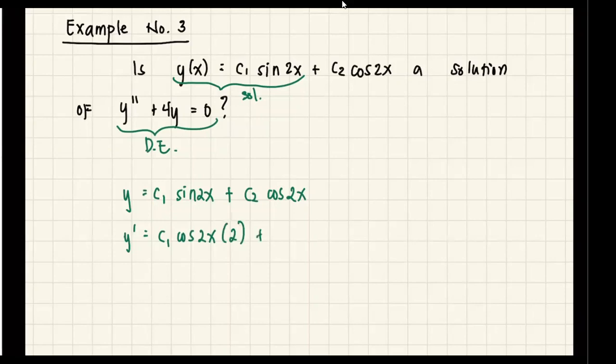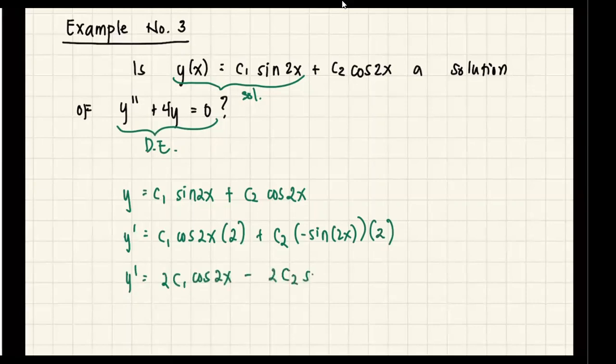Then sa kasunod, c2, negative sin 2x times the derivative of 2x, which is 2. Then simplify, we have 2c1 cos 2x - 2c2 sin 2x. Okay? So ito yung first derivative natin.